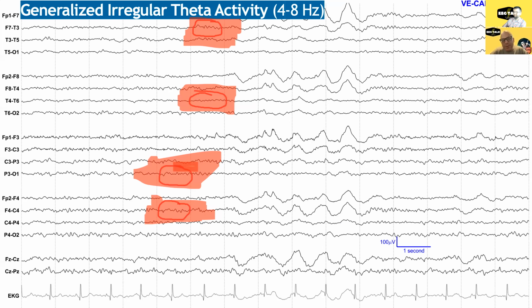This is pretty typical in drowsiness or in mild encephalopathy, which is what I would guess this is. Okay. And some people call it polymorphic too, right? Yeah, polymorphic means the same thing as irregular. Both of those just mean not rhythmic. Gotcha. Cool. And I guess the other word people use for rhythmic is monomorphic.